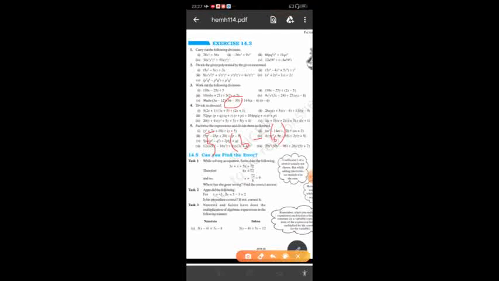Then b minus 6 will be cancelled, a minus 4 is also cancelled, and here 144 and here 96. If we divide both 96 and 144 by 12, we obtain 8 by 12. You also divide it by 4, you obtain 2 by 3.